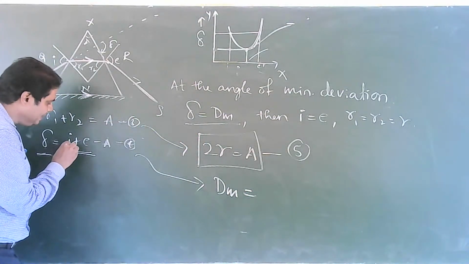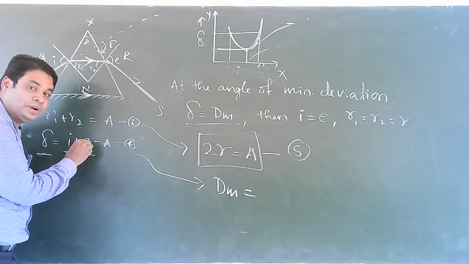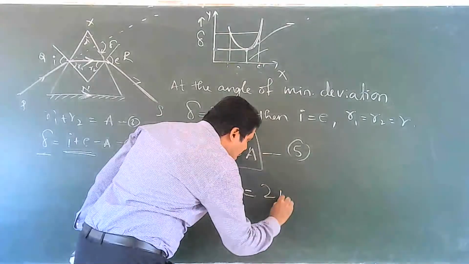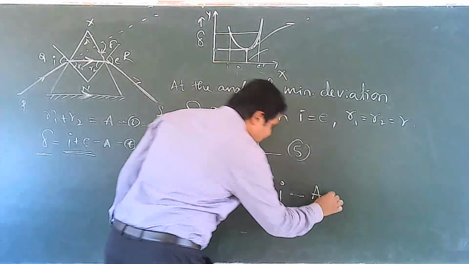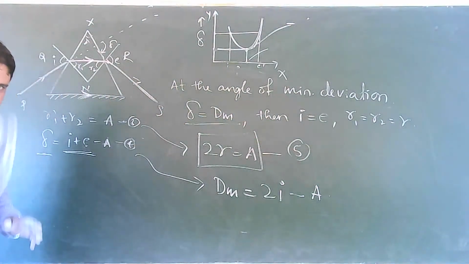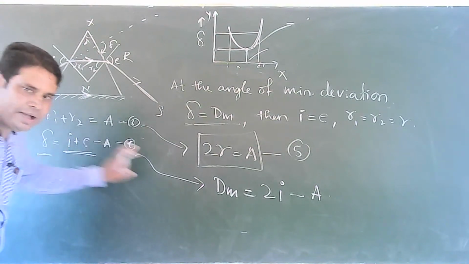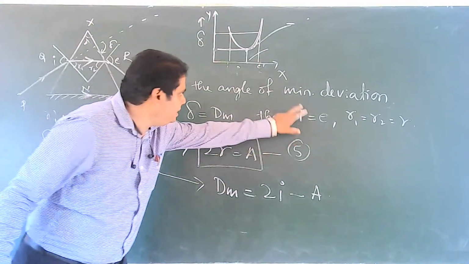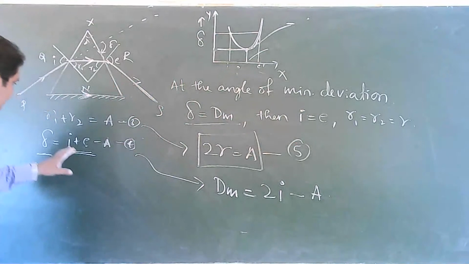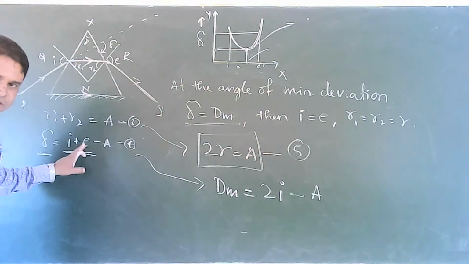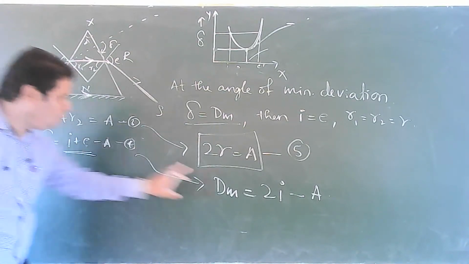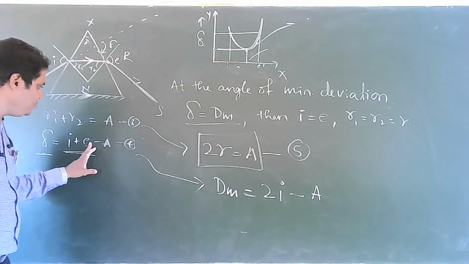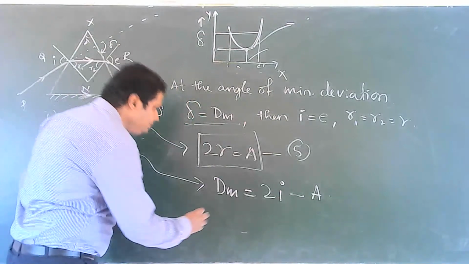Here already I have one I. Let me replace the second E by one more I. So 2I minus A. Hope you understood. Let me repeat. This is delta. I replace it by delta m by this condition. Second, this is I. I replace this E by one more I, plus I, 2I. This is minus A.